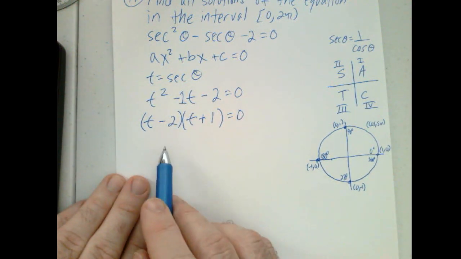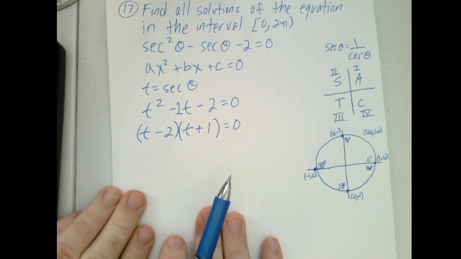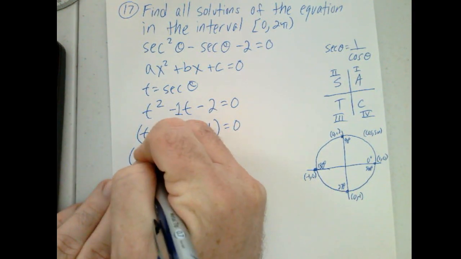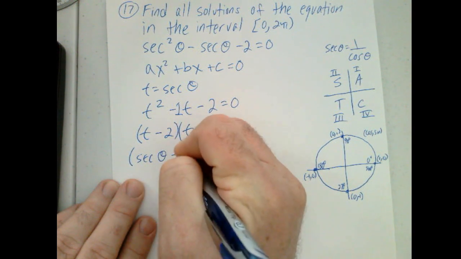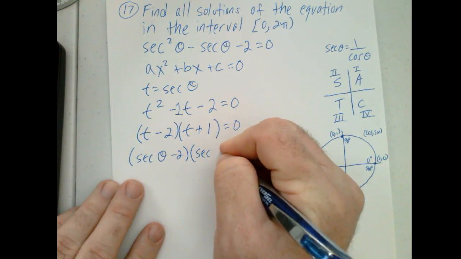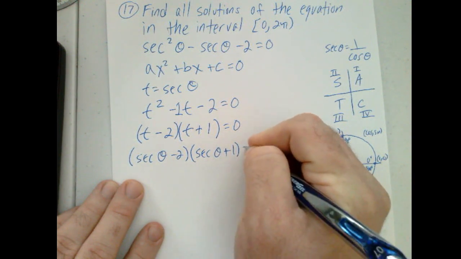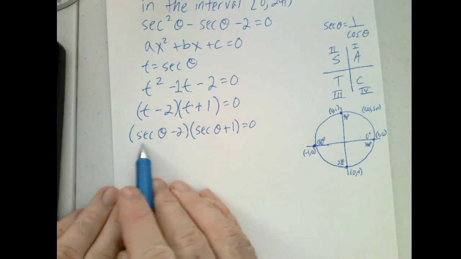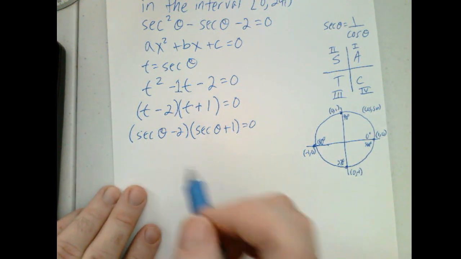Alright, so what we're going to do now is substitute secant theta back in to where t is. That's secant theta minus 2 times secant theta plus 1 equals 0. We're going to set each of these equal to 0.